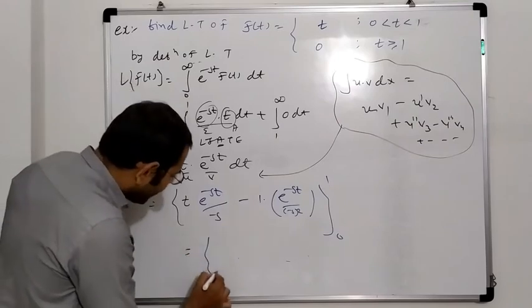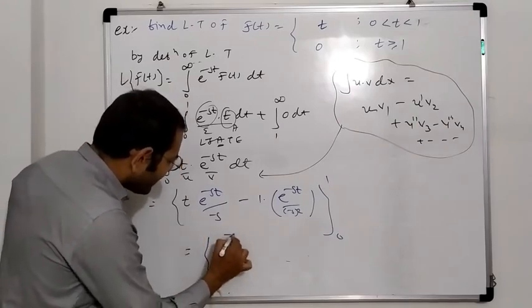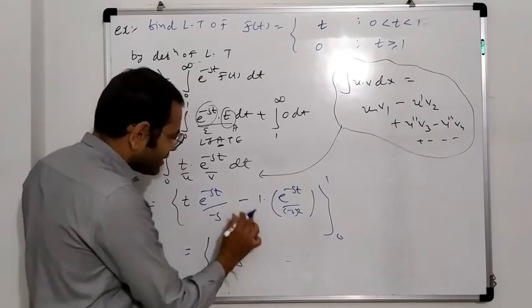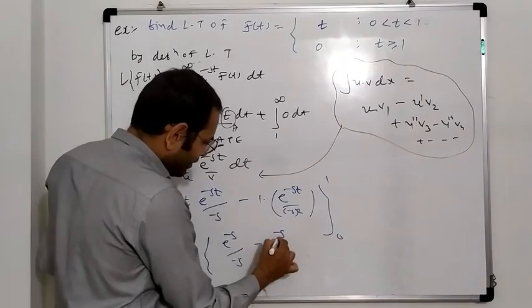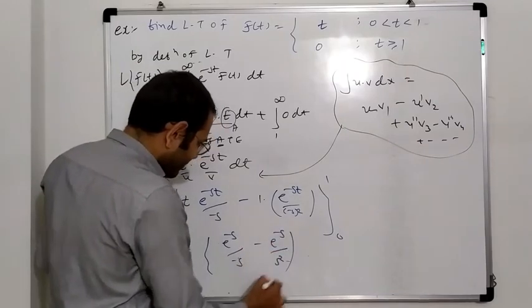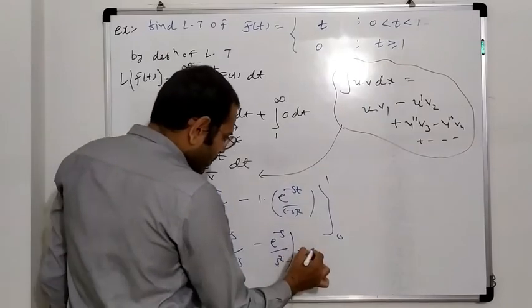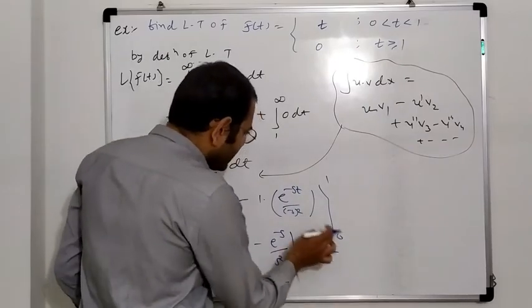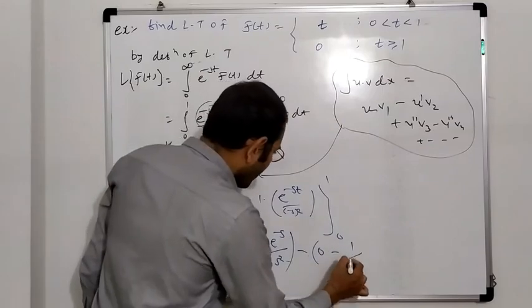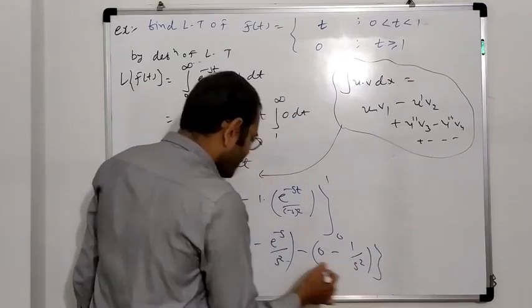Then upper limit minus lower limit: e raised to minus s by minus s, minus e raised to minus s by s square, minus 0 into anything 0, minus e raised to 0, that is 1 upon s square.